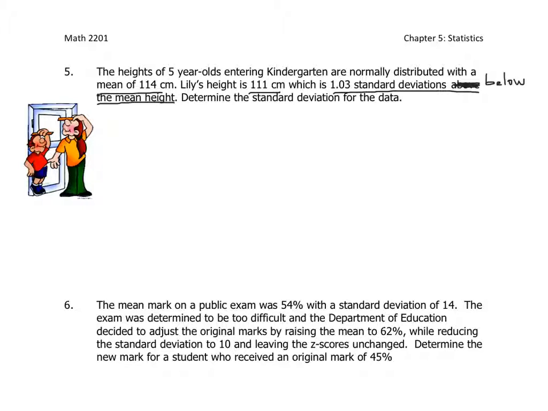So for the z-score in this case, we'll write out what we know first. We know the data value is 111, and we know the mean is 114, and we know the z-score is negative 1.03. Okay, so if we fill in our formula, negative 1.03 should equal, and I should write the formula out again, the z-score is x minus mean over standard deviation.